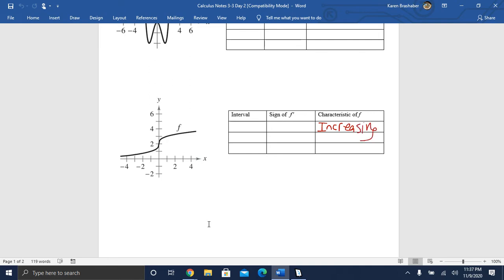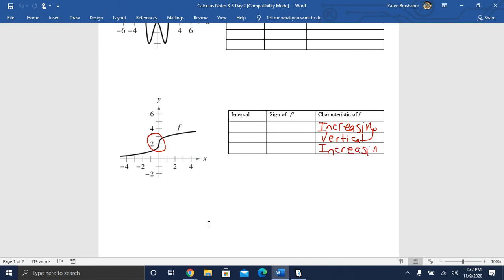See a little bit of an unusual situation right here on the y-axis. In fact, it looks vertical. And so I'm actually going to write that. That's a characteristic that I am noticing about the function. And then it continues to increase.